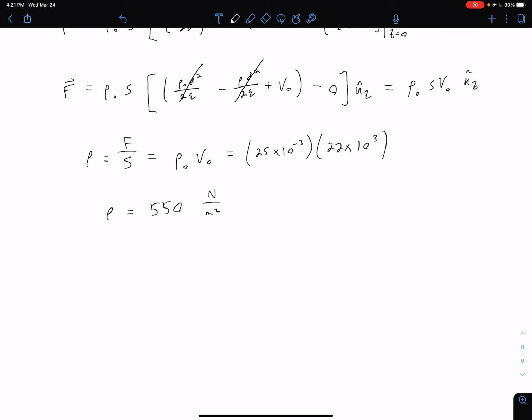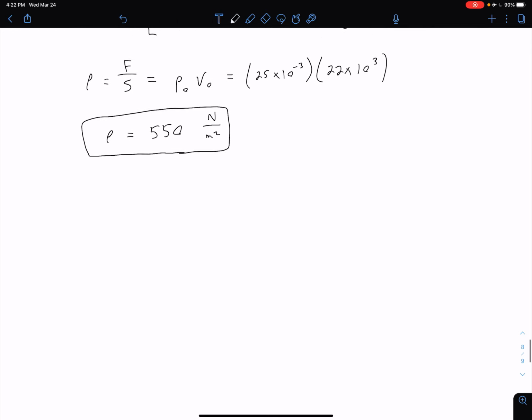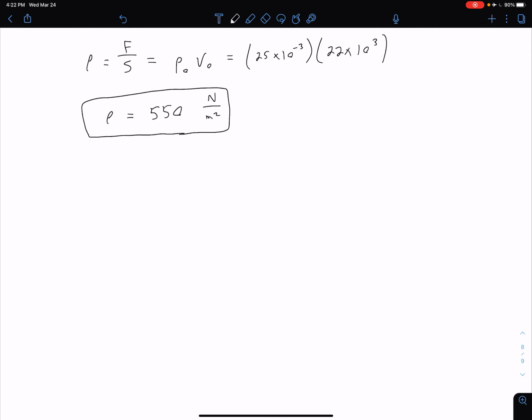If anybody has questions about how those units work out, feel free to let me know, and we can go through a detailed dimensional analysis. As I said, we're not going to spend too much time getting into more complicated examples where we have dependence on multiple directions of our voltage.